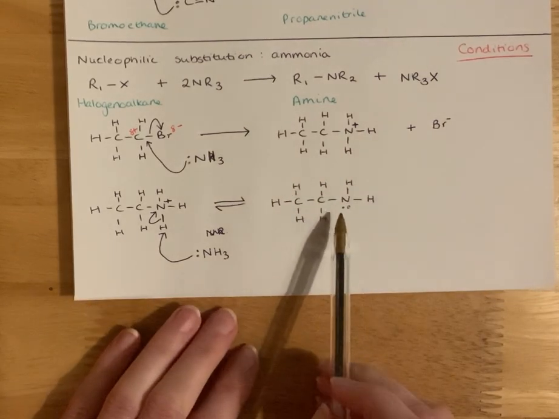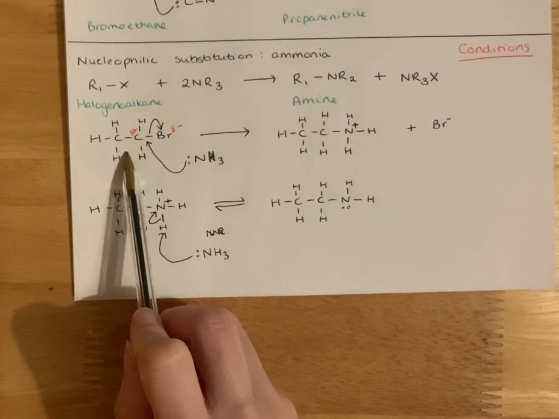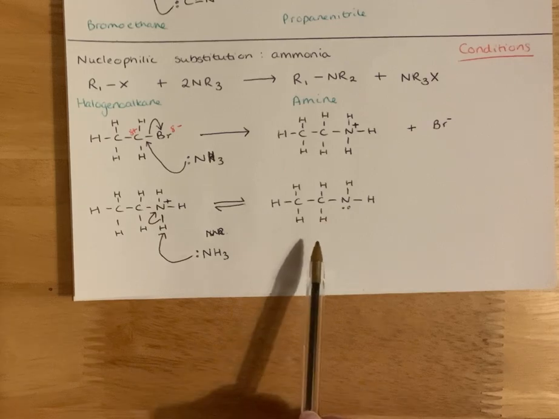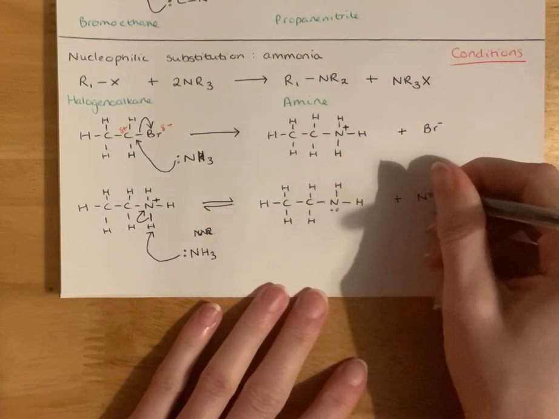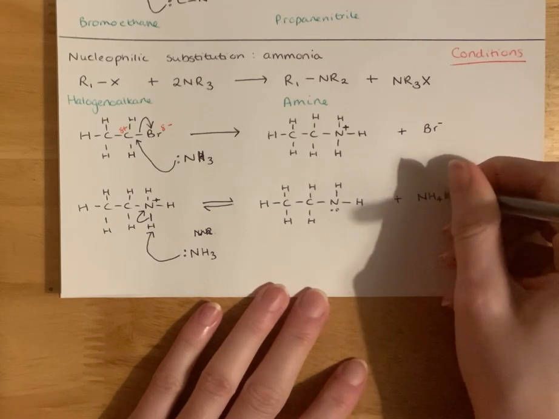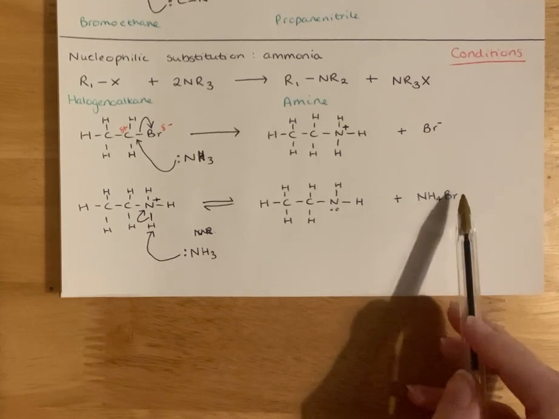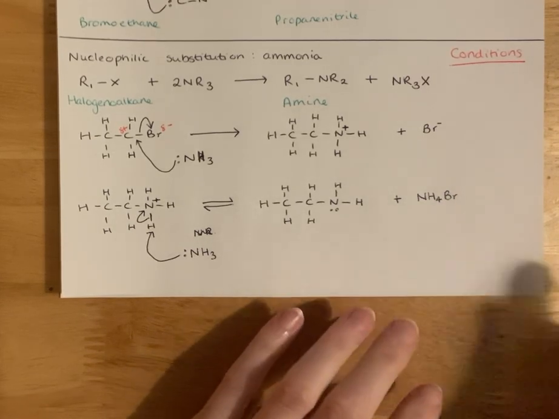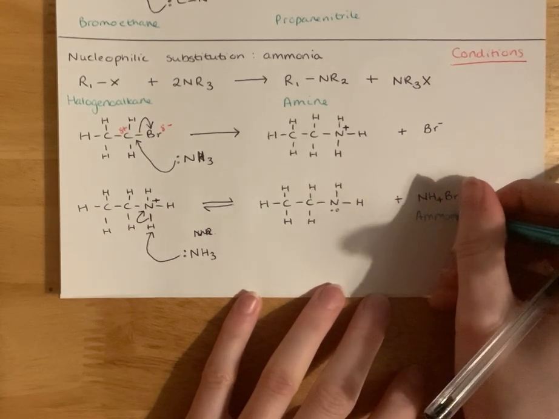And this is what we're going to be left with. So we've now got an amine. So we've started off with bromoethane, and we've now got ethylamine. And we're also left with NH4Br. So the NH4 has got a positive charge on it, and the Br has got a minus charge on it. And that is called the ammonium ion.